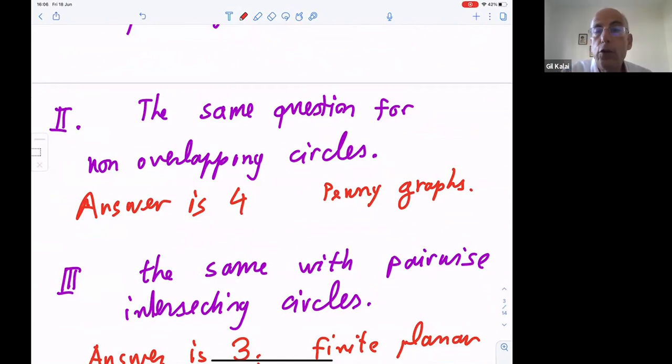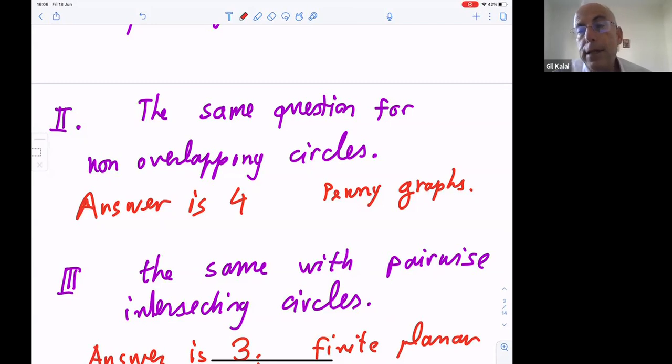And again, also here, you don't need the circles, because this is just a question about a collection of points, a framework where you consider the pairs of vertices of distance 1, and you assume that 1 is the minimal distance between different vertices.